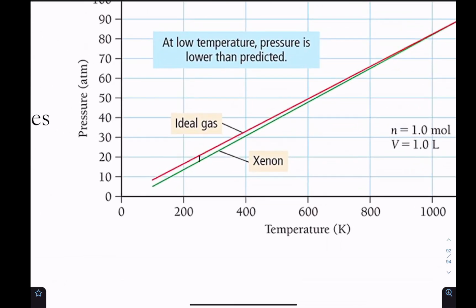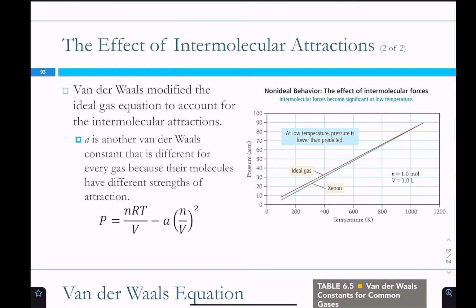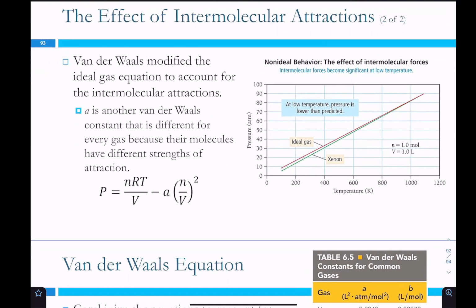Let's say it's like there. So 1 or 2 atmospheres even. Pretty large deviation for xenon. So we make this modification to calculations of pressure at low temperatures.